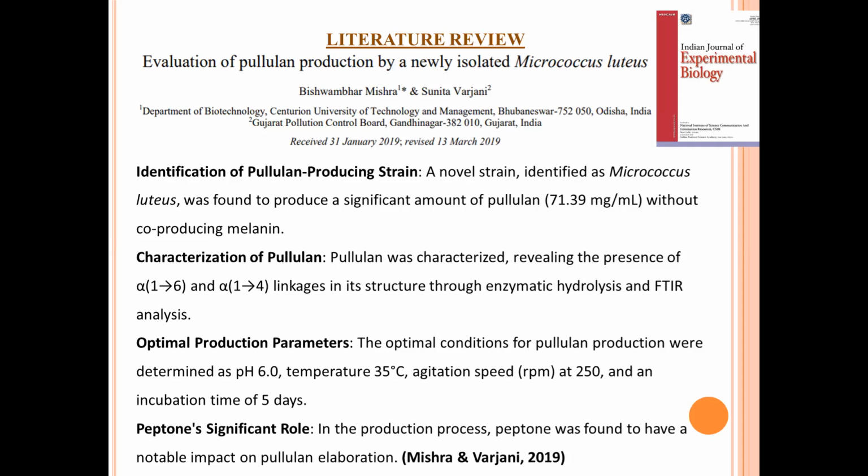And the optimal parameters were determined as temperature 35, pH 6, and RPM at 250, and an incubation time of 5 days. And through the characterization, it was also found out that peptone has a significant role in the production of this biopolymer pullulan.